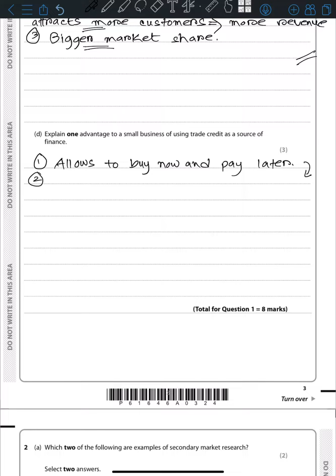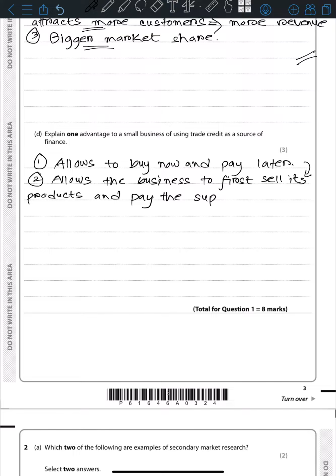So the fact that we are buying now and paying later means that it allows the business to first sell its products and pay the suppliers later.